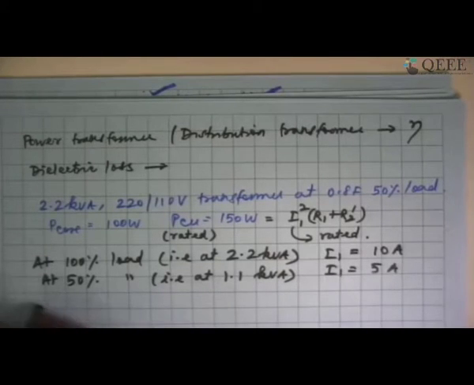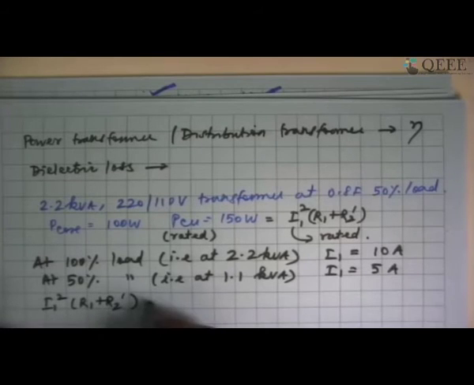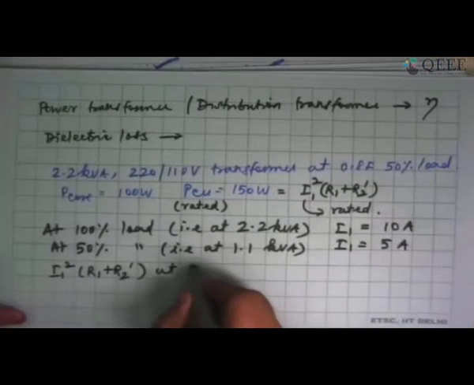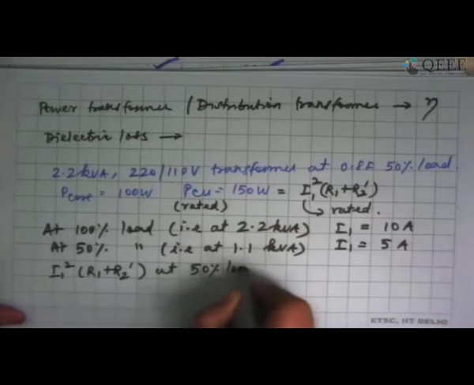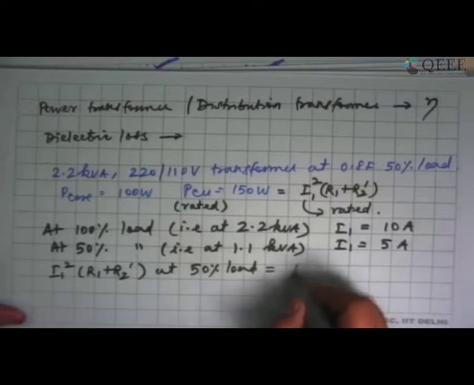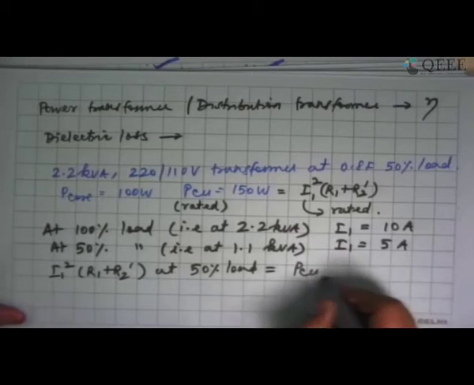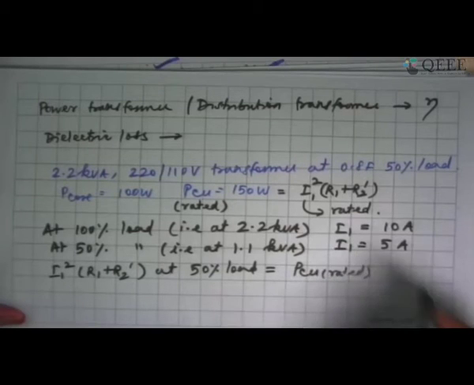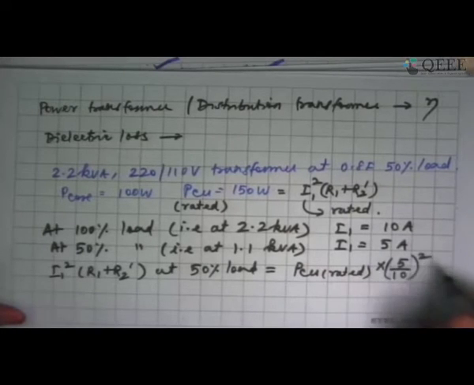So if I try to calculate what is I1 square R1 plus R2 dash at 50% load, it will be whatever is the copper loss at rated current multiplied by 5 divided by 10 whole square, because 5 ampere is the current at present, whereas 10 ampere was the current at rated condition.